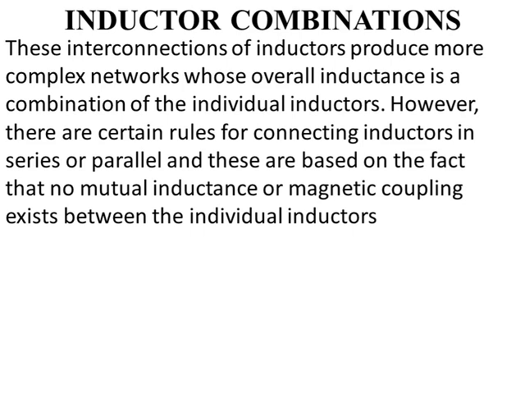However, there are certain rules for connecting inductors in series or parallel, and these are based on the fact that no mutual inductance or magnetic coupling exists between the individual inductors. I want you to note this statement down. This is another exercise. Add it to the exercise you are having now.